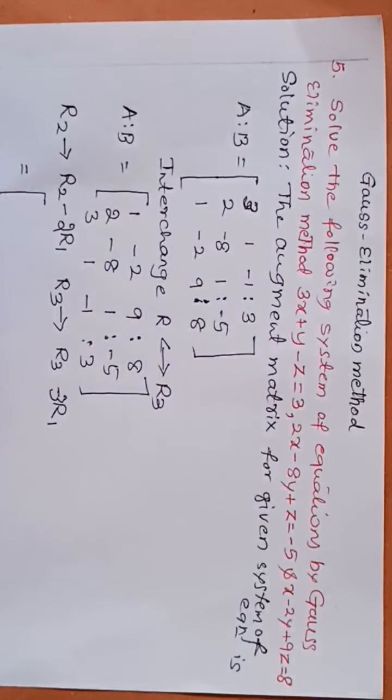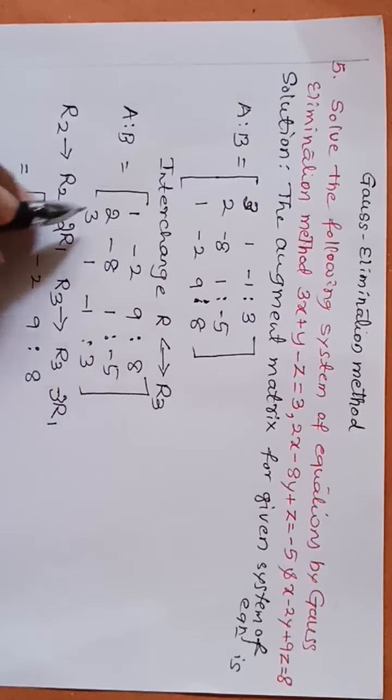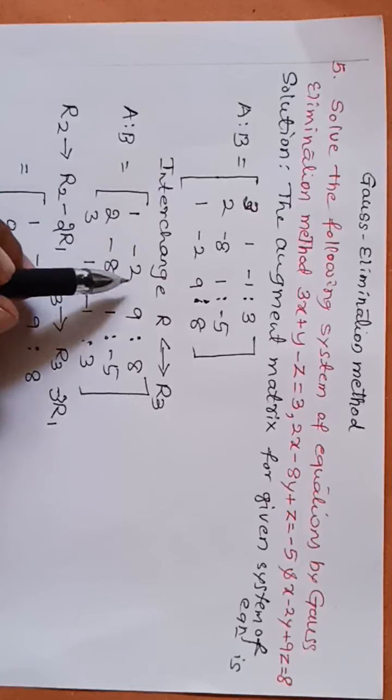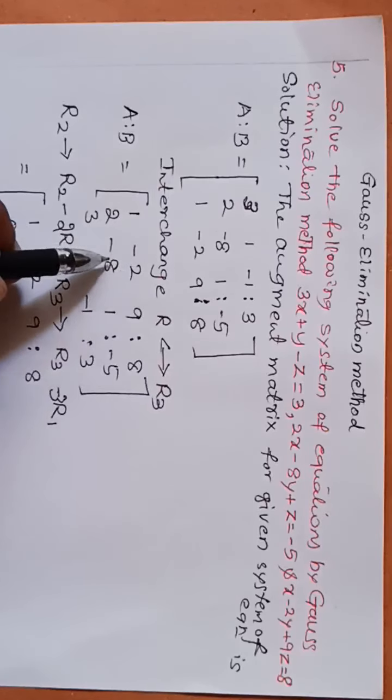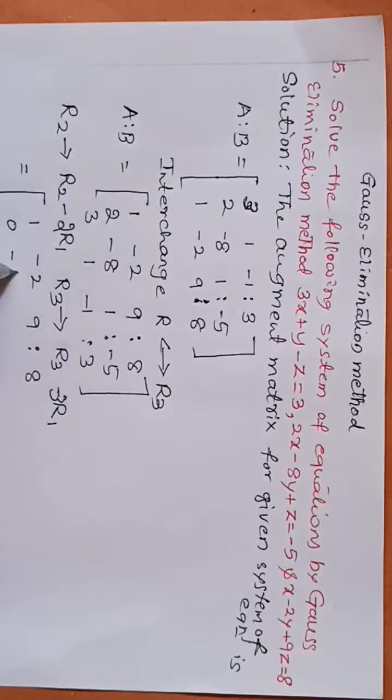So the matrix becomes: first row as it is, 1, minus 2, 9, 8. Second row R2 minus 2R1 is 0, then minus 8 plus 4, so it becomes minus 4.